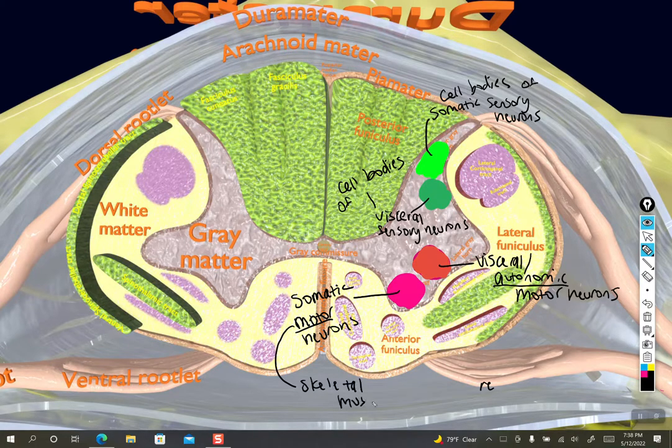And then autonomic or visceral motor neurons control the other effectors: smooth and cardiac muscle, glands, and adipose tissue. So effectors are the things that the motor neurons control, and there is this very stark division between visceral and somatic, the autonomic nervous system and stuff you have voluntary control over.